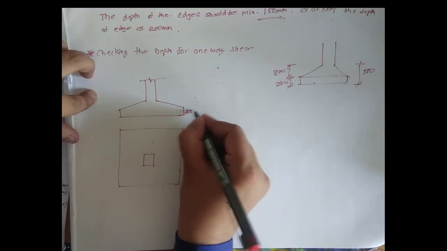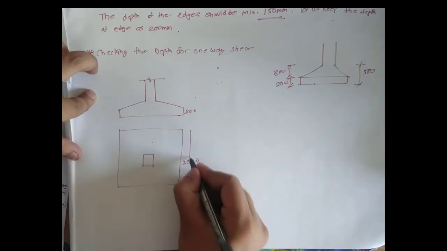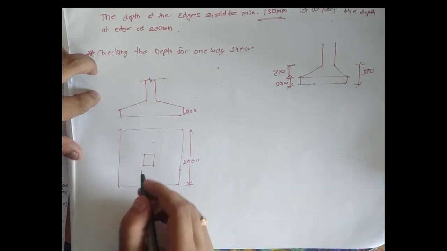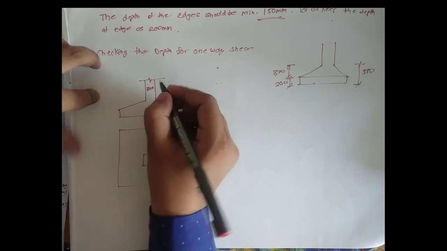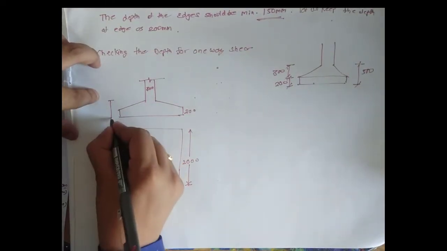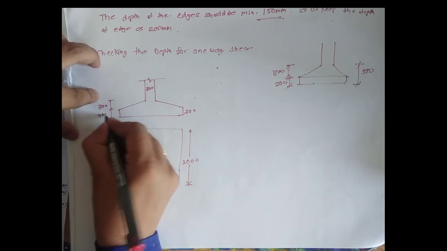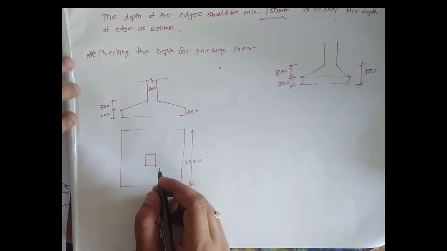This is 200, this is 2000, and this is 300. It is bifurcated in two parts, 300 and 200.